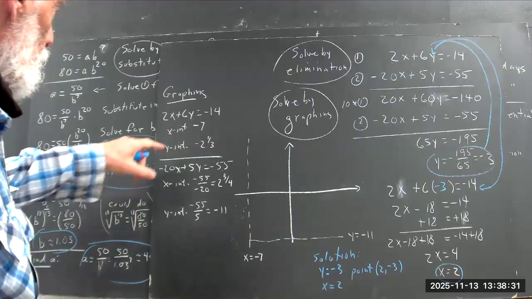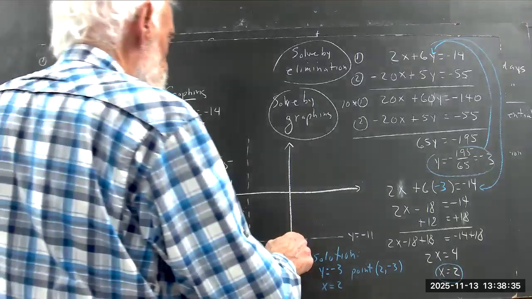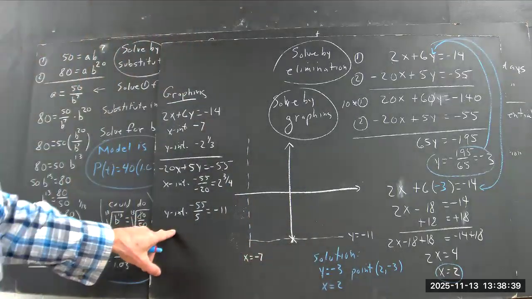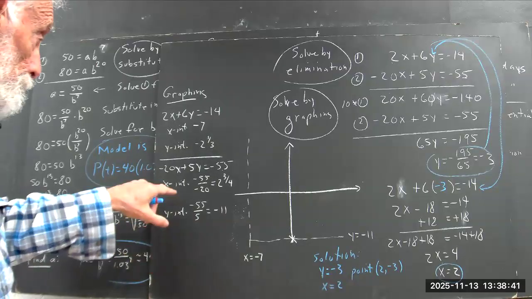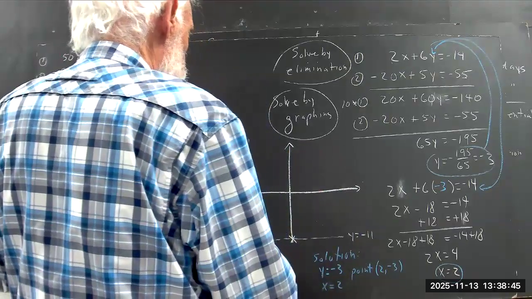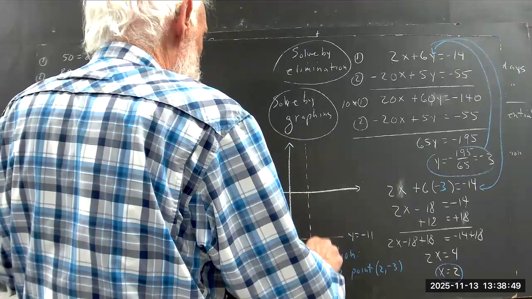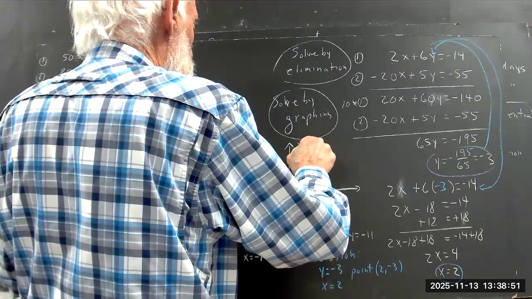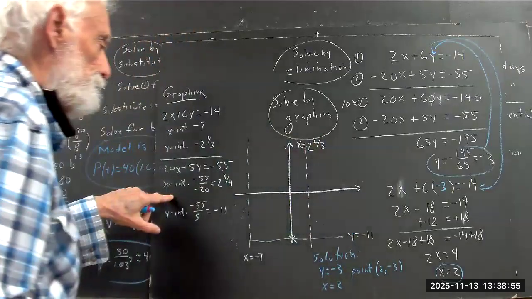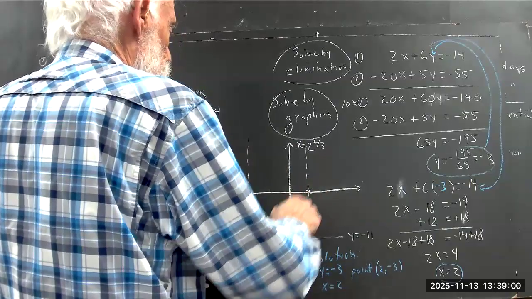Okay, so here's the y-intercept of the second equation, right? The x-intercept is at 2 2/3. Now, if negative 7 is here, 2 2/3 is probably about here. So there's the x-intercept.